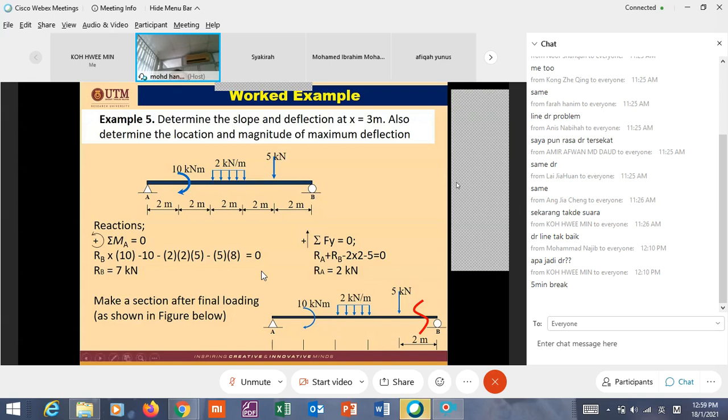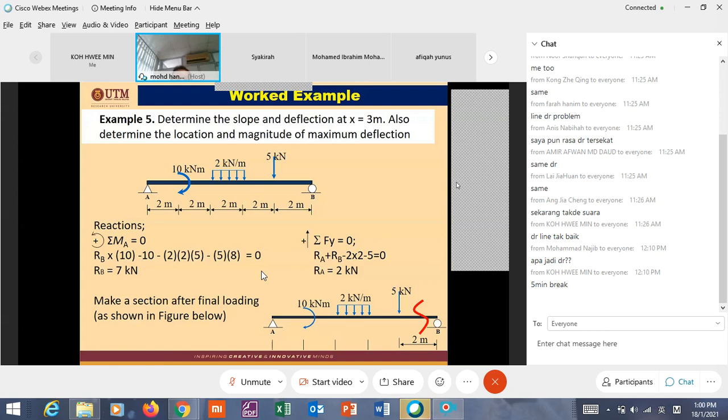If there are 5 segments, you will have at least, I'm not sure, maybe 6 or 10 constants, C1 to C10 maybe. Then you need 10 simultaneous equations.